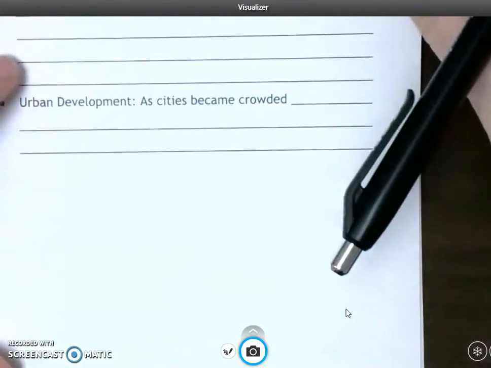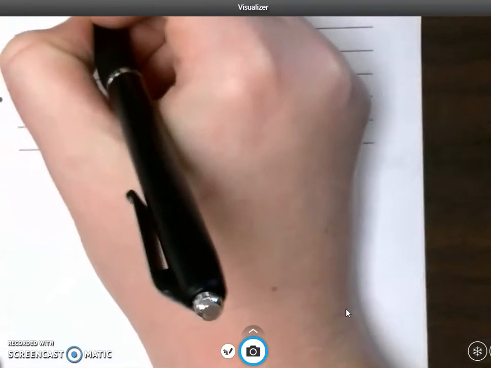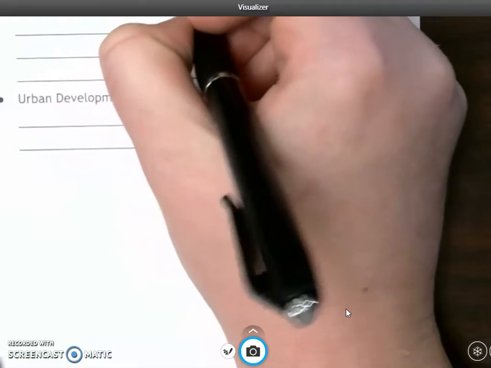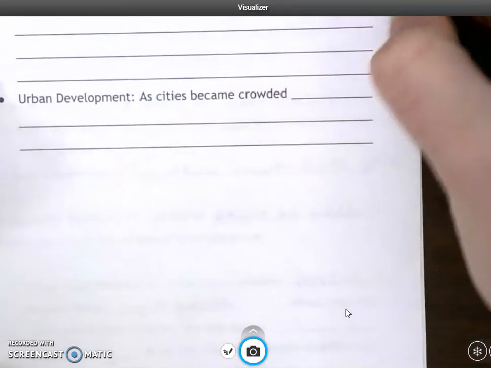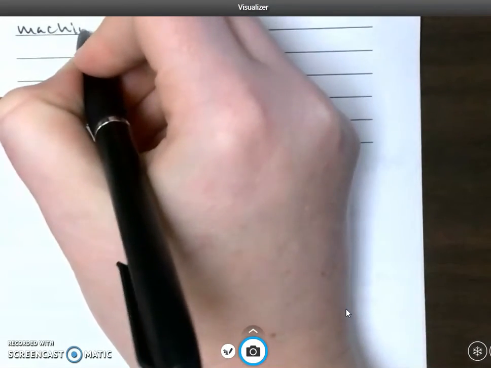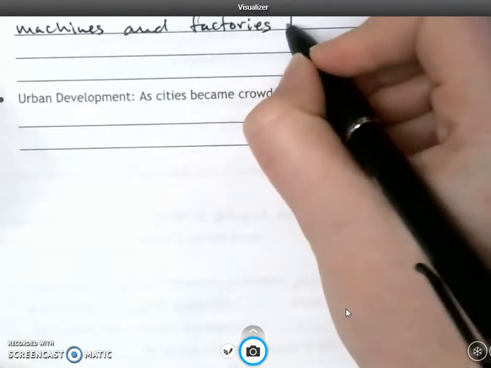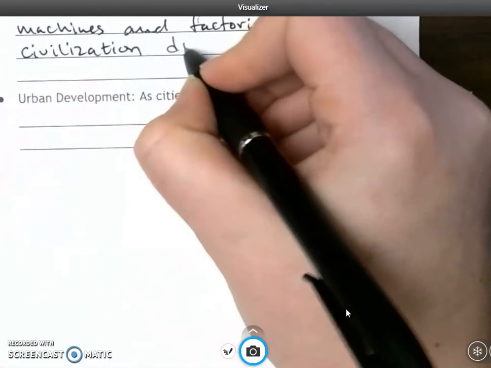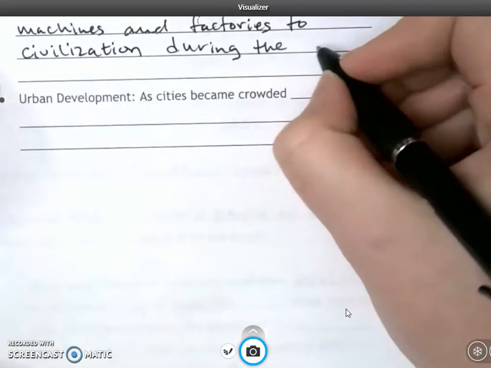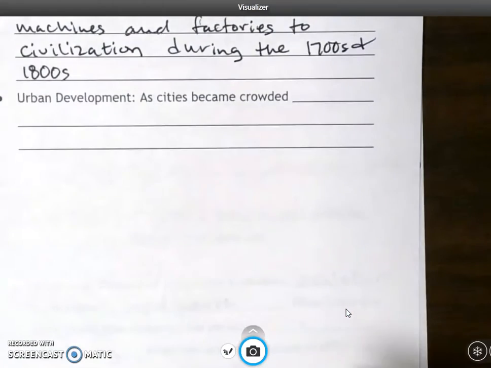Once the Industrial Revolution began, human society was transformed by the Industrial Revolution, which added machines and factories to civilization during the 1700s and the 1800s. It occurred mostly in the 1800s.